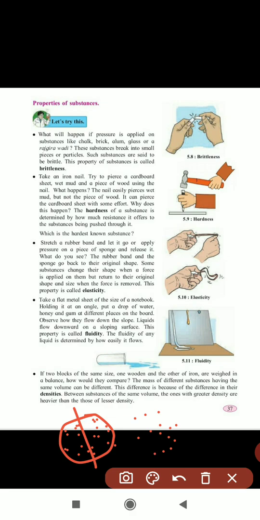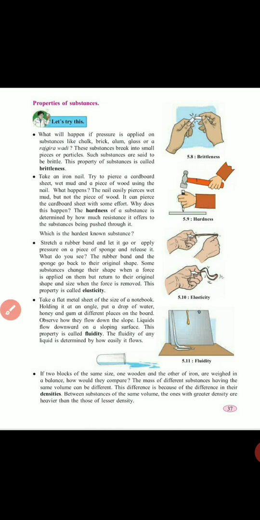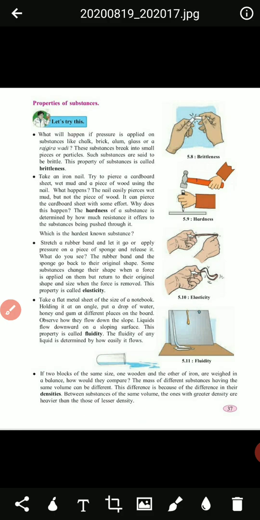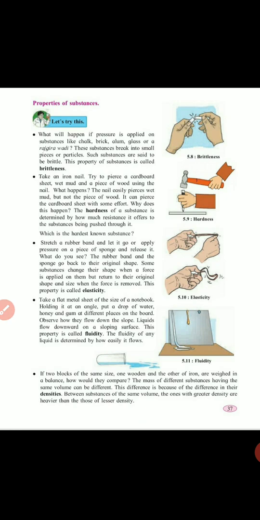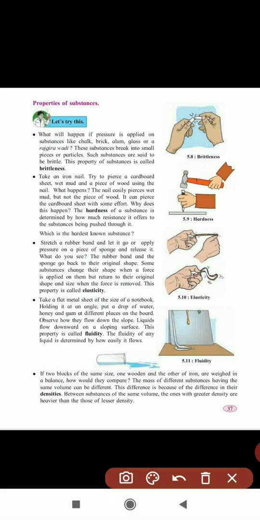Yes children, so these substances break into small pieces or particles. Such substances are said to be brittle, and their property is known as brittleness. Children, understood? The substance which breaks into small pieces or particles is said to be brittle, and their property is known as brittleness.